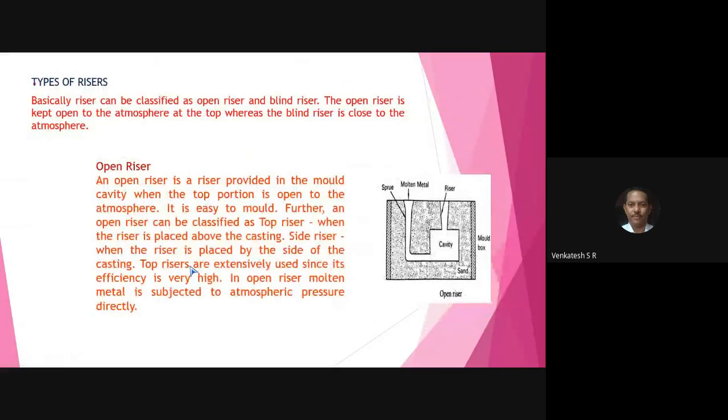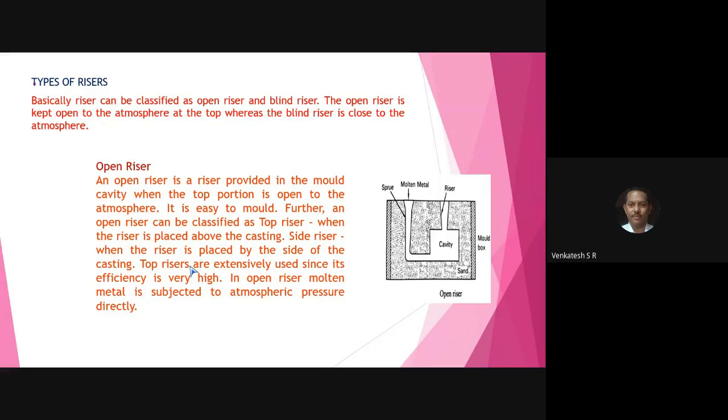All of you write down a question. Explain briefly with neat sketch different types of risers.